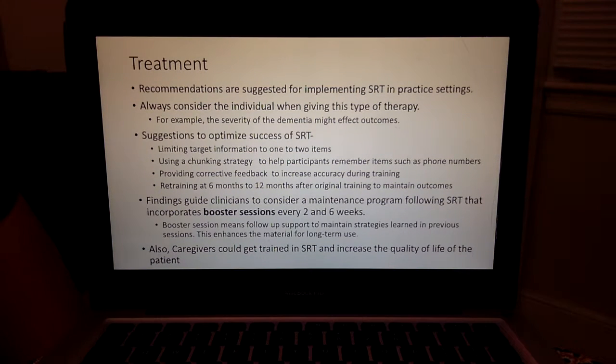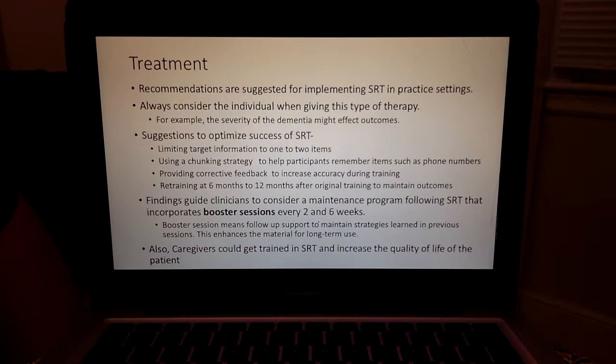The study suggested implementing spaced retrieval therapy in practice settings, but we always want to consider the individual when giving this type of therapy. For example, the severity of the dementia may affect outcomes, like naming, and what you can do with that therapy.